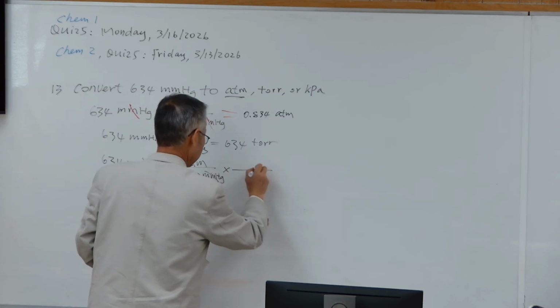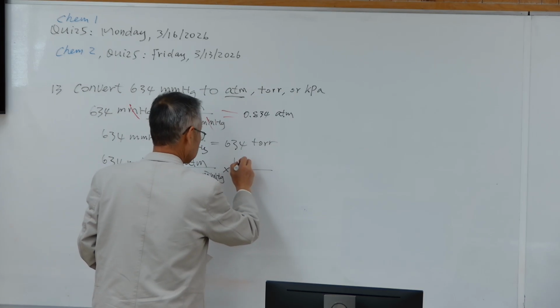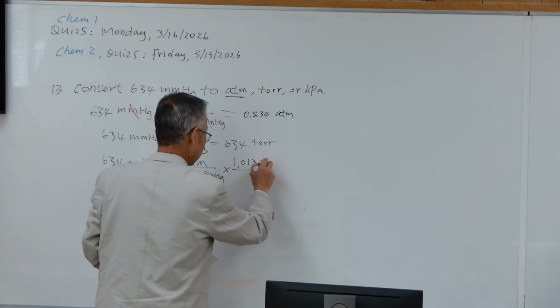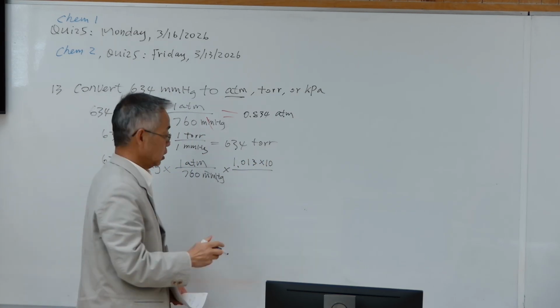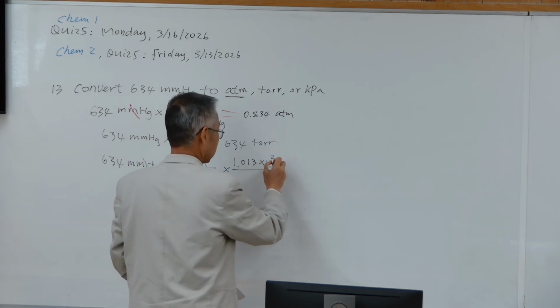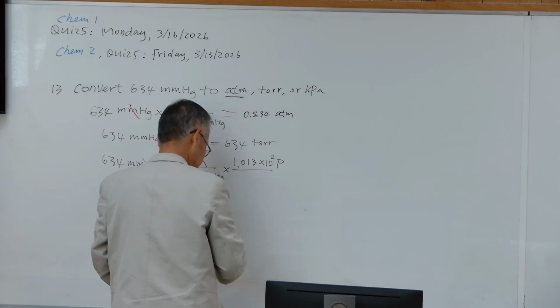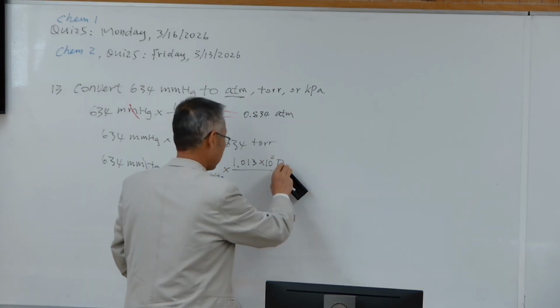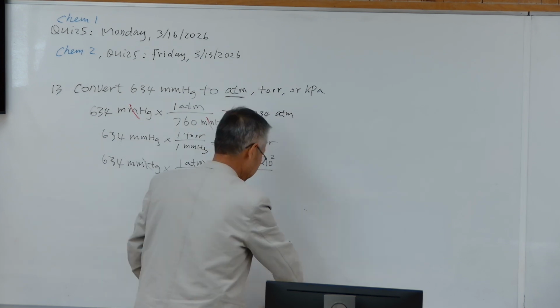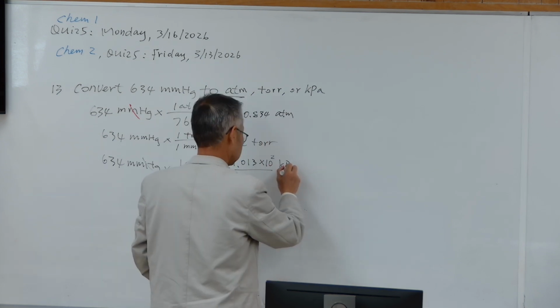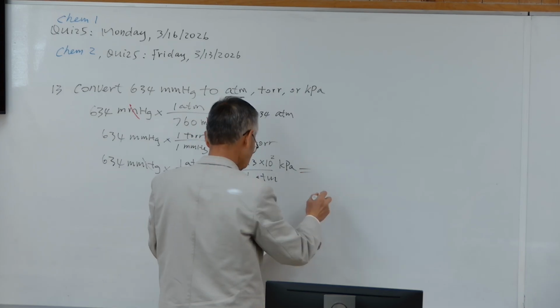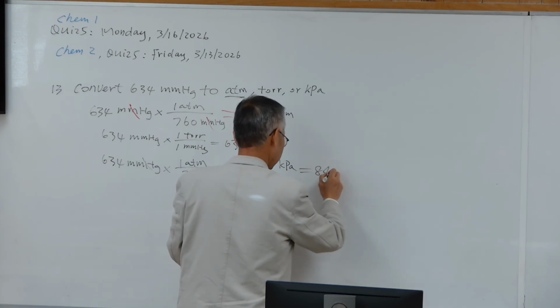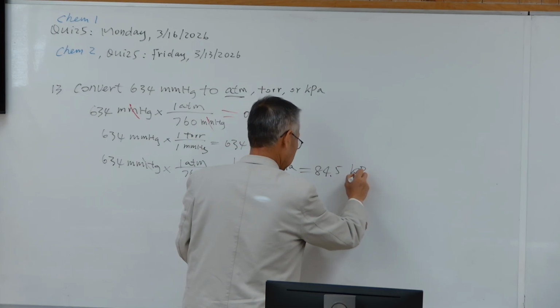Then 1 ATM is 1.013 times 10 to the fifth power Pascal, then 10 to the second power kilopascal. So 1 kilopascal is 1,000 Pascal, right? So 1 ATM, this equals to 84.5 kilopascal.